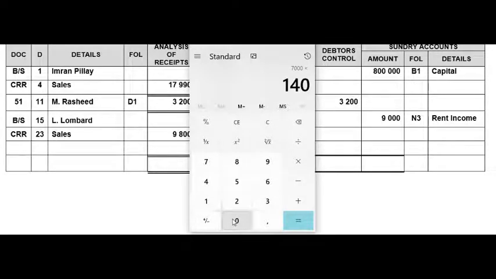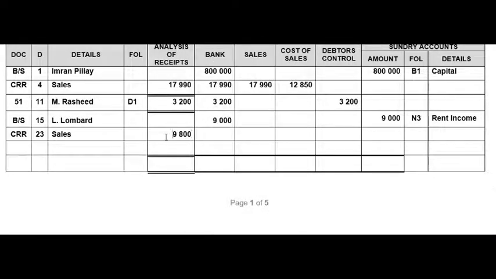In other words, 100 plus 40 is 140 over 100, which gives me a selling price of 9,800 Rand. Okay, the selling price won't go to bank yet because it's not the only transaction for the day. It will go to sales and then the given cost price will go to cost of sales.